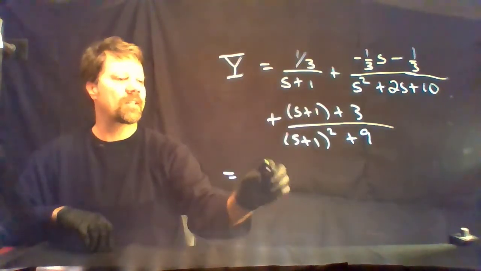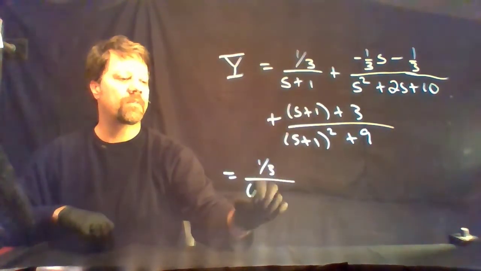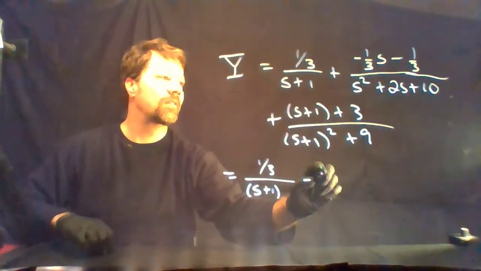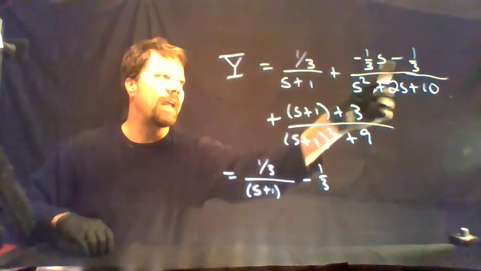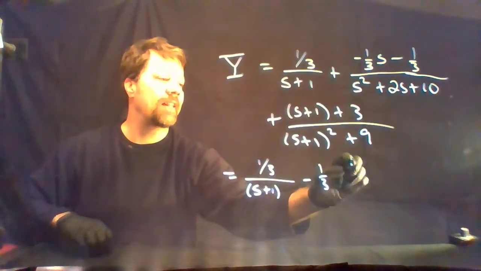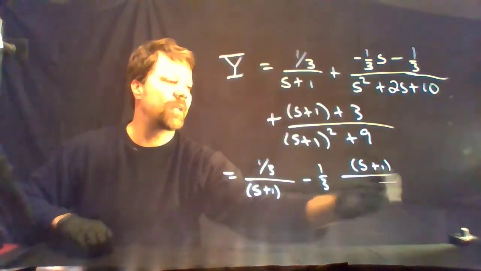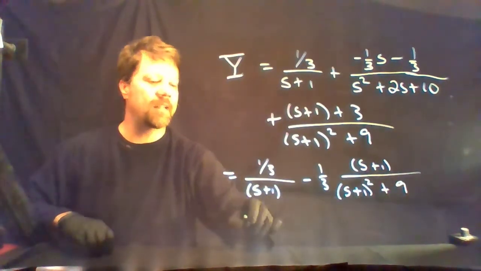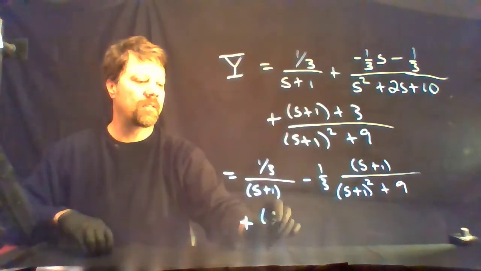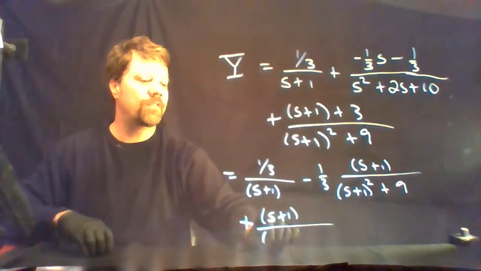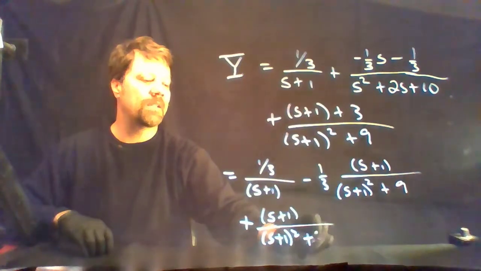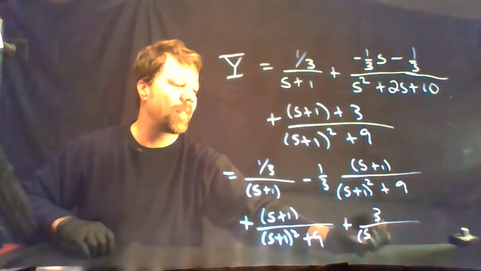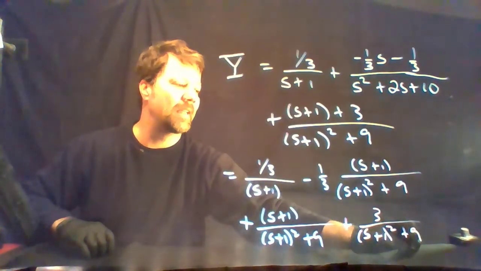We'll rewrite this as 1/3 over s plus 1 minus 1/3, we'll factor the 1/3 out of the numerator here. That leaves s plus 1 over s plus 1 squared plus 9 plus, we have an s plus 1 over s plus 1 squared plus 9 plus 3 over s plus 1 squared plus 9.